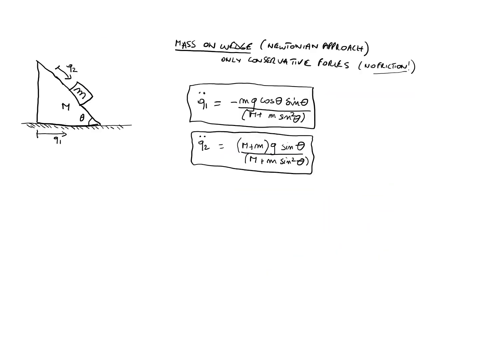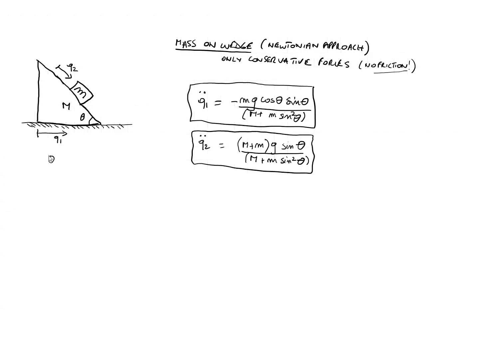Okay, first thing that we can do with our solutions, and I've rewritten them there, is to test if they are okay, if they make physical sense, right? So let's see what we expect here if theta is equal to 0. Well, if theta equals 0, we expect q1 double dot is equal to 0, q2 double dot is equal to 0.